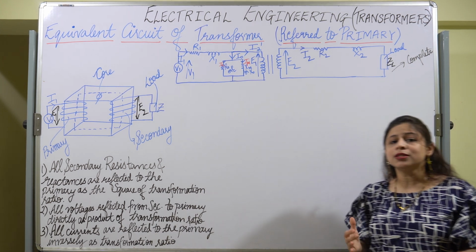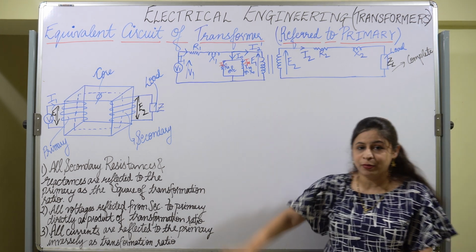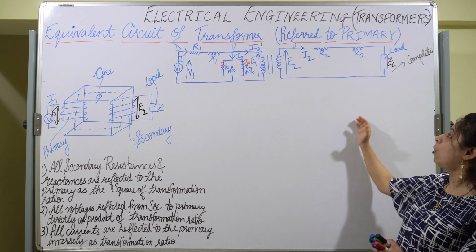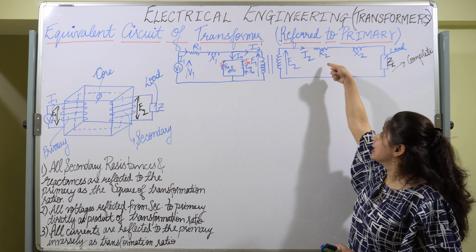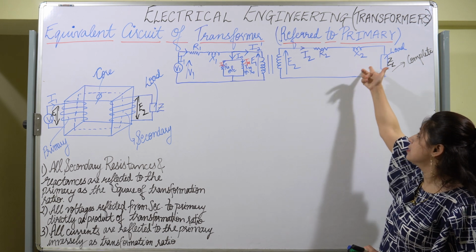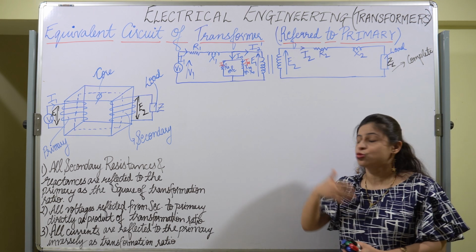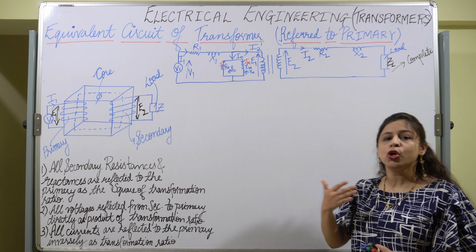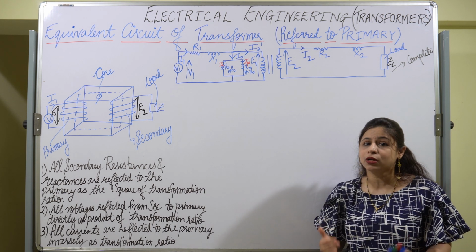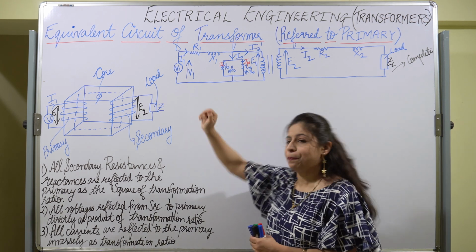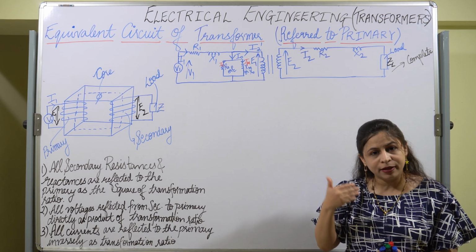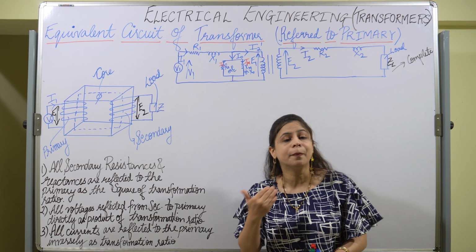So we want a circuit which is referred to the primary. When I take all these components, that is the resistances, reactances, currents and voltages, to the primary side, then my equivalent circuit becomes the equivalent circuit referred to the primary. If all these are taken to the primary, then it becomes referred to the primary.